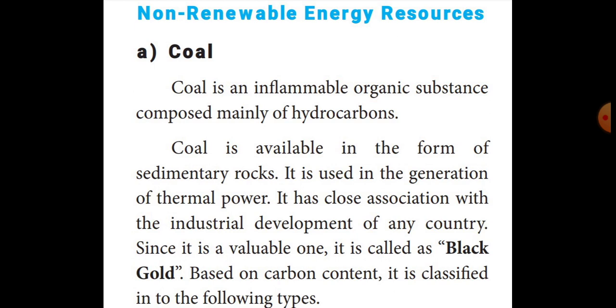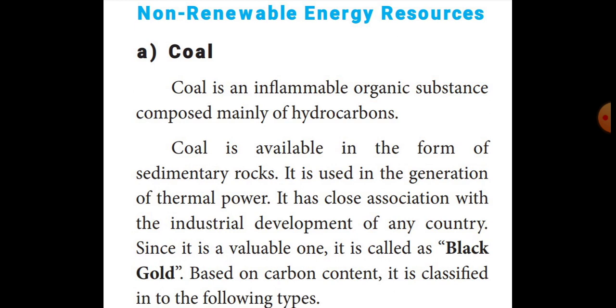It is also used for the industrial development of all countries. Coal is used in some industries for their development in all the countries. So it is one of the valuable substances, and it is called black gold.